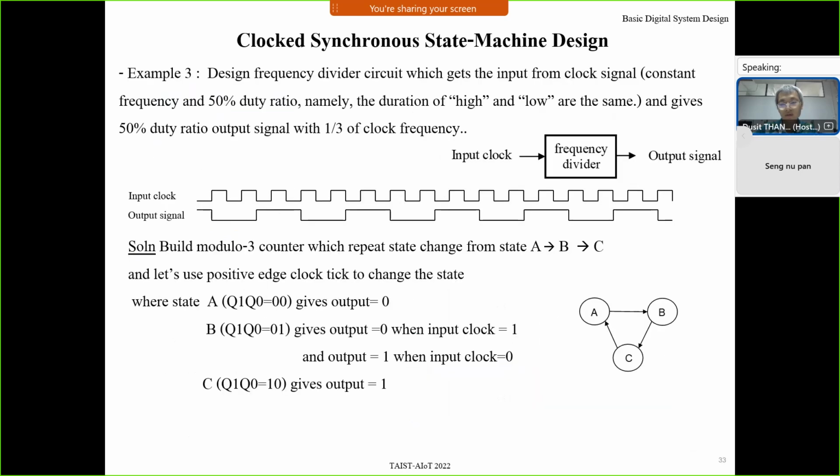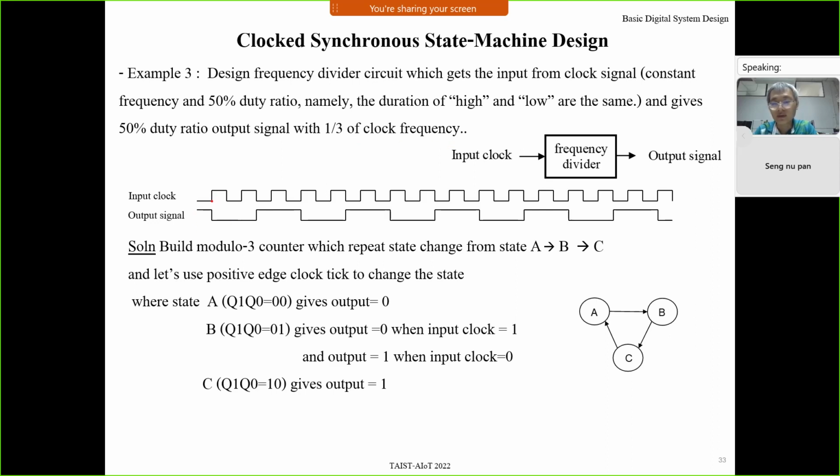Okay, for this example, the input is from the clock, and this circuit lets you do frequency division to produce an output that has lower frequency, one third of the clock frequency.